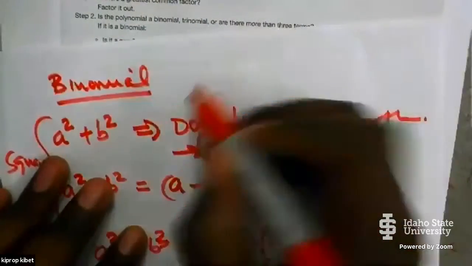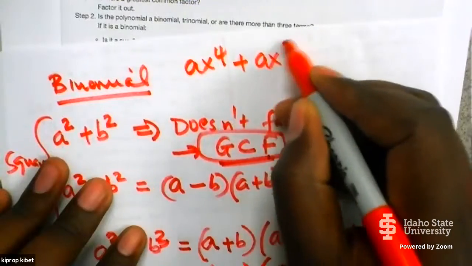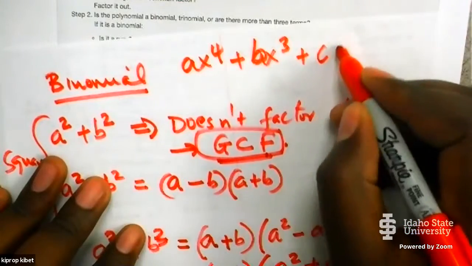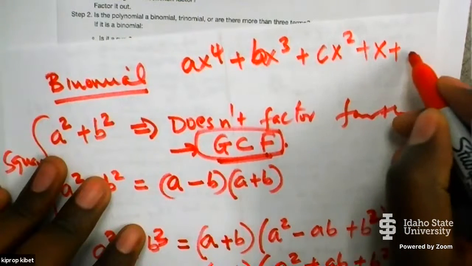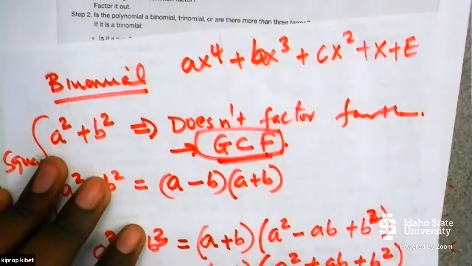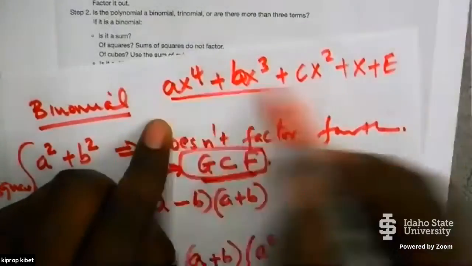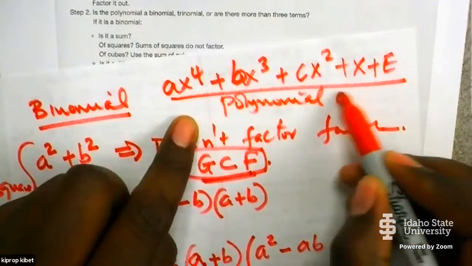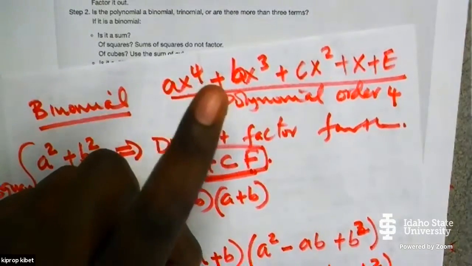If it is, let's say, ax^4 + ax^3 + bx^3 + cx^2 + x + e, then this is a polynomial of order 4, because the highest power there is 4.